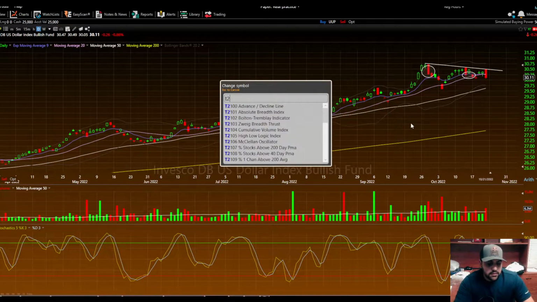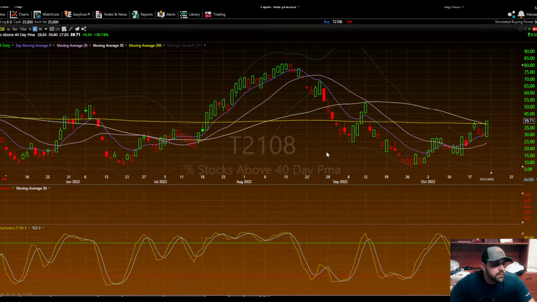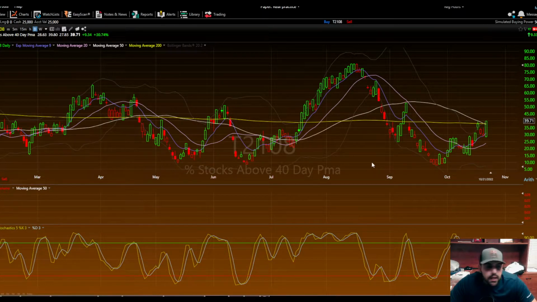Let's take a look at the $S&P 500 stocks above the 40-day moving average, the $S5FI. This is basically stocks above the 40-day moving average, which shows strength in the market. As you can see, we got an uptrend.